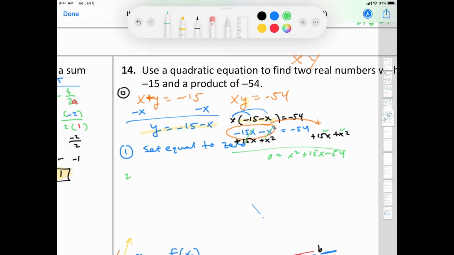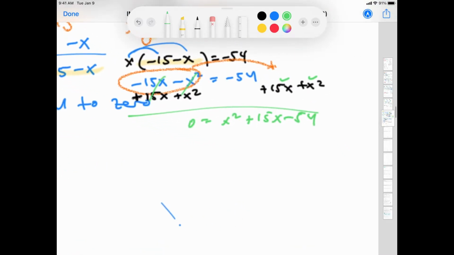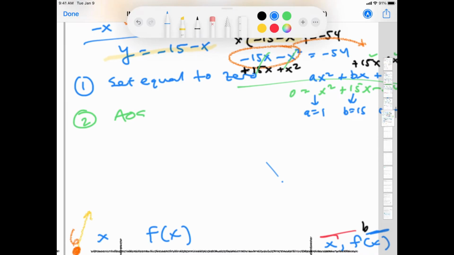Okay, step 2 is the axis of symmetry, so I need my a, b, and c. We've been doing this all day long. The number in front of x squared is a, b is 15, and c is negative 54. If you need help with that, you can always write standard form right above it.